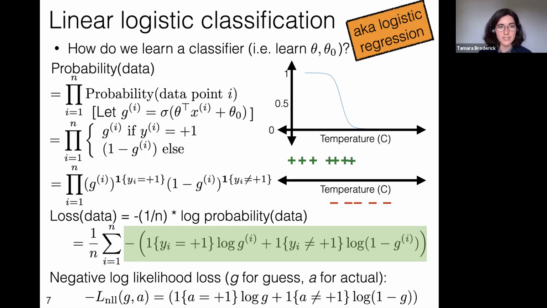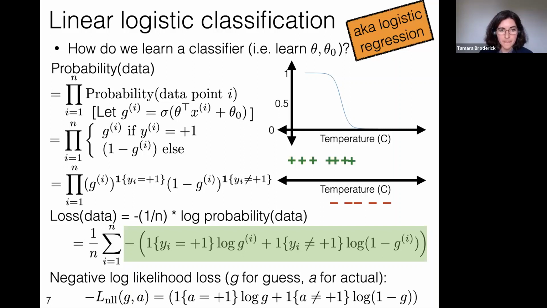We're basically going to do the same thing here, only a bit more systematically. In particular, here we have this function of theta and theta naught, and because it's actually pretty nice, it's continuous, it's differentiable, we're going to be able to use really powerful optimization tools to actually try to minimize that in theta and theta naught. So let's just make this a little bit more explicit.